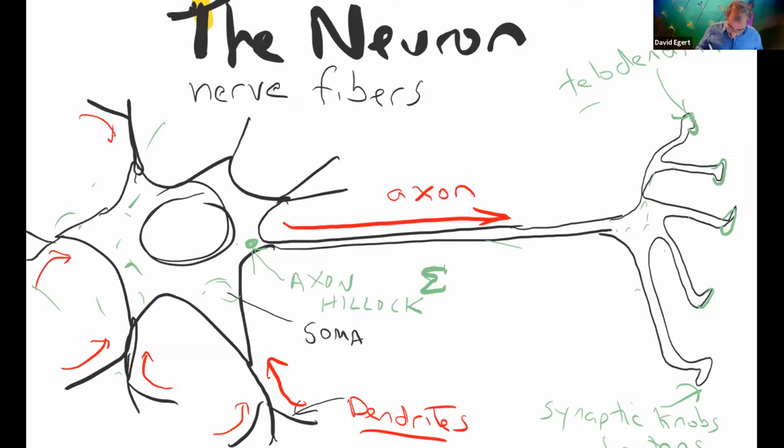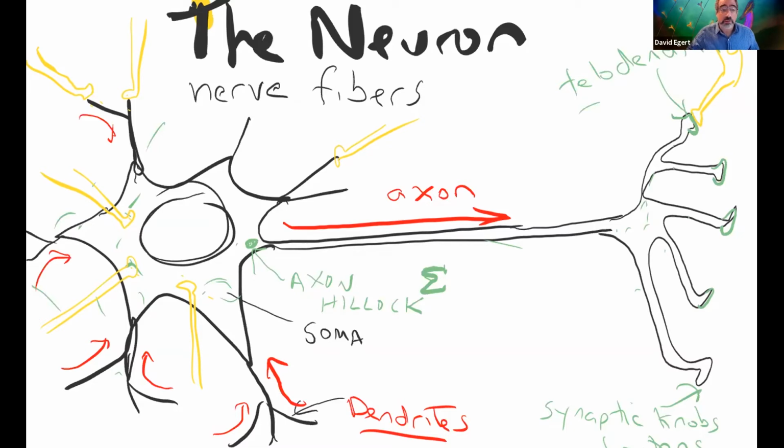If we have other neurons, they're going to be coming in and sending little messages to another neuron. So this neuron is going to be getting messages from the synaptic boutons of other neurons that are talking to it. And this is going to be talking to some neuron over here, which is sending its message out someplace else.